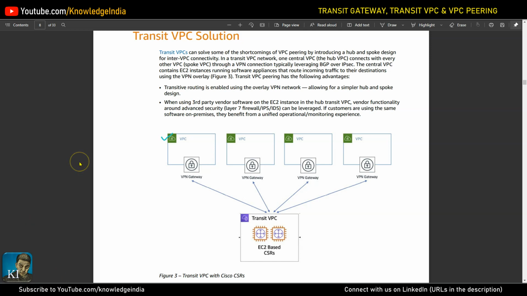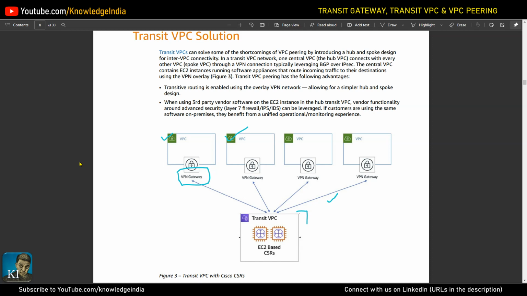So on the VPC side, for example, if you see on the screen here, in these VPCs you will have a VPN gateway, right? We use this VPN gateway whenever you have to create a VPN connection, even with the on-premises data center, right? So in the same way, it is actually a virtual private gateway which you will create in every VPC, and that will get used to create this VPN connection with this central VPC, which will be called the Transit VPC.